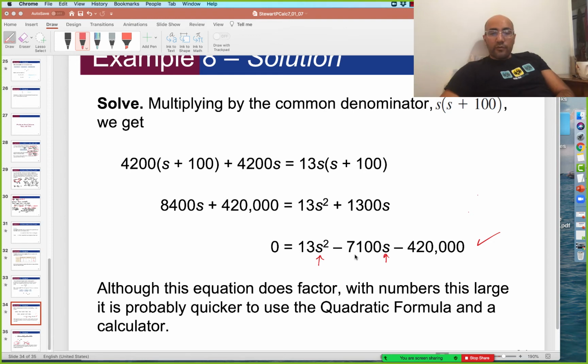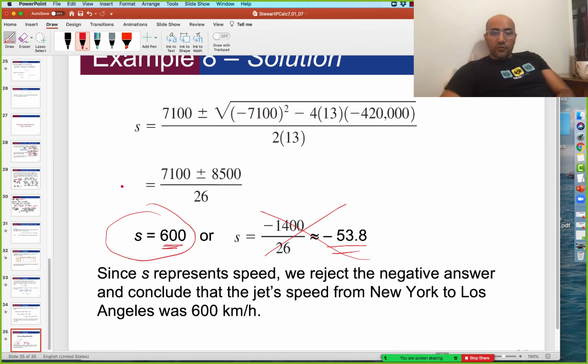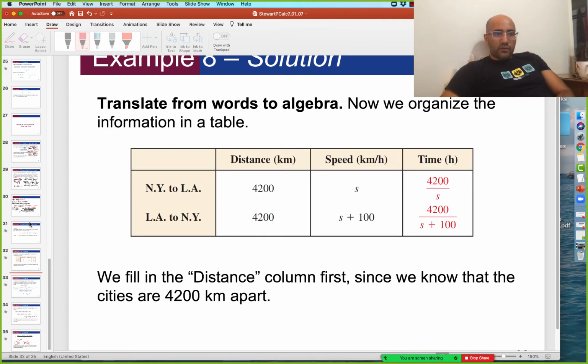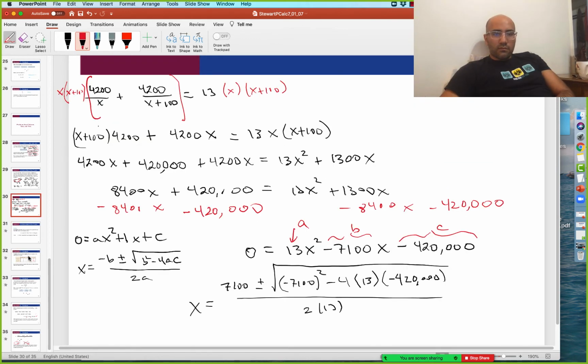Remember, the quadratic formula only applies to this very simple case where we have 0 equals some constant times x squared plus some constant times x plus a constant.